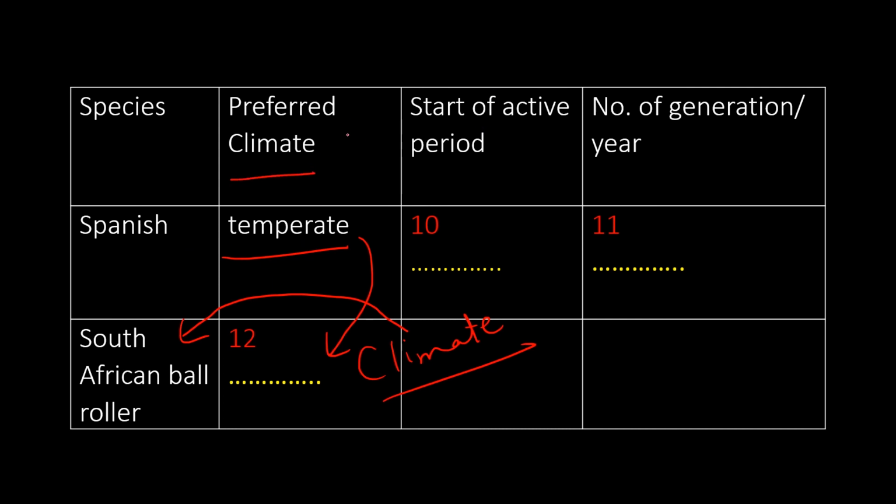Going for the second one, that is the second column, start of active period. Now when I say active period, not just the way it provides information in temperate in the previous case, here it must be some kind of time. Number of generations per year, that means it must be a number here. You're getting my point here, right? I mean, what I'm trying to say here.